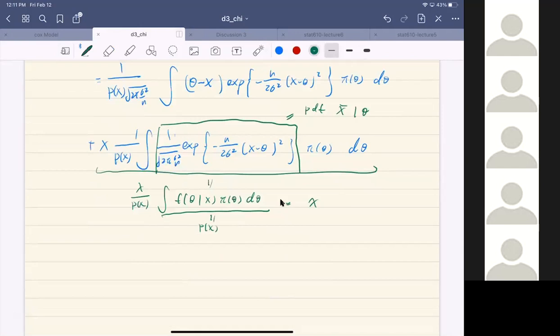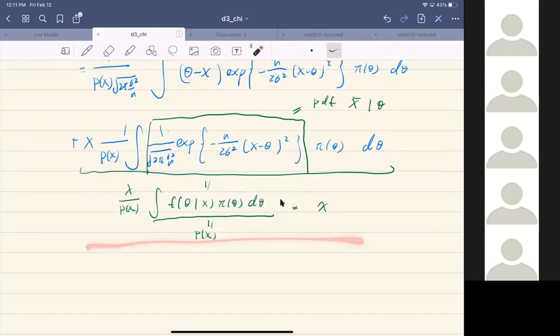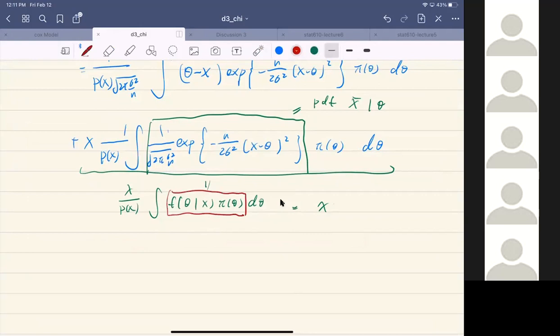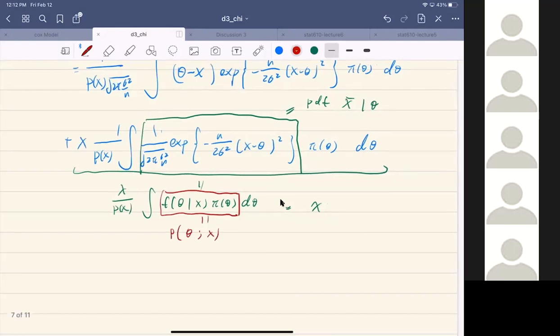So you can have this. And this term is equal to the joint distribution of theta and x. If we integrate over theta, you may have the marginal distribution p of x.